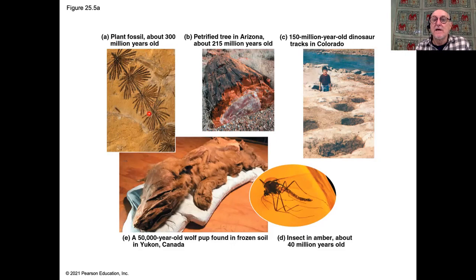In other cases, of course, entire bone may be fossilized, and very often, particularly in the older fossils, the original mineral material is replaced by silicate materials, but in the exact shape of the original organism or whatever remains of that organism.